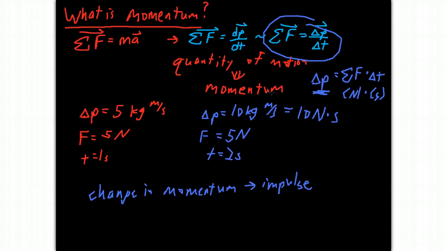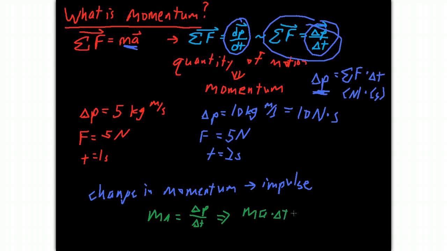Now, as for the fundamental definition of momentum, what really is momentum, we can take it from this. If I combine this idea, or this one right over here, they're equivalent, with m times a, we should be able to get out an explanation of what the change in momentum is in terms of maybe more fundamental ideas than a sum of forces times the time. So if I set m times a equal to change in momentum divided by time, I've rearranged this and I get mass times acceleration times time equals the change in momentum.